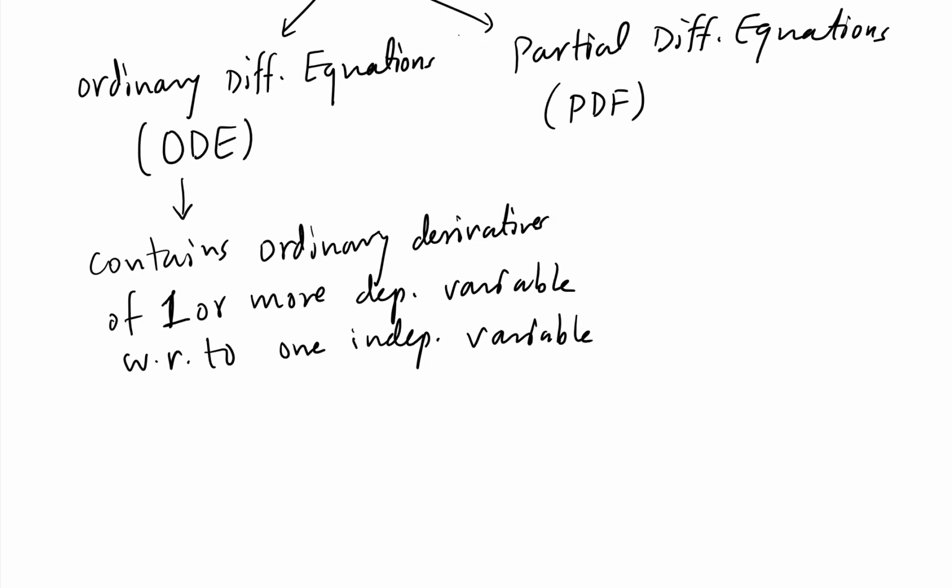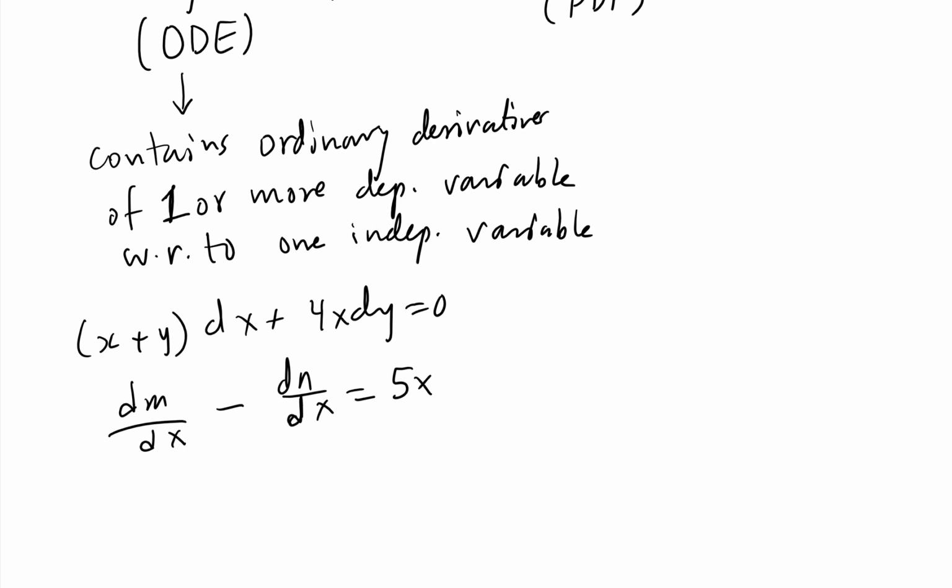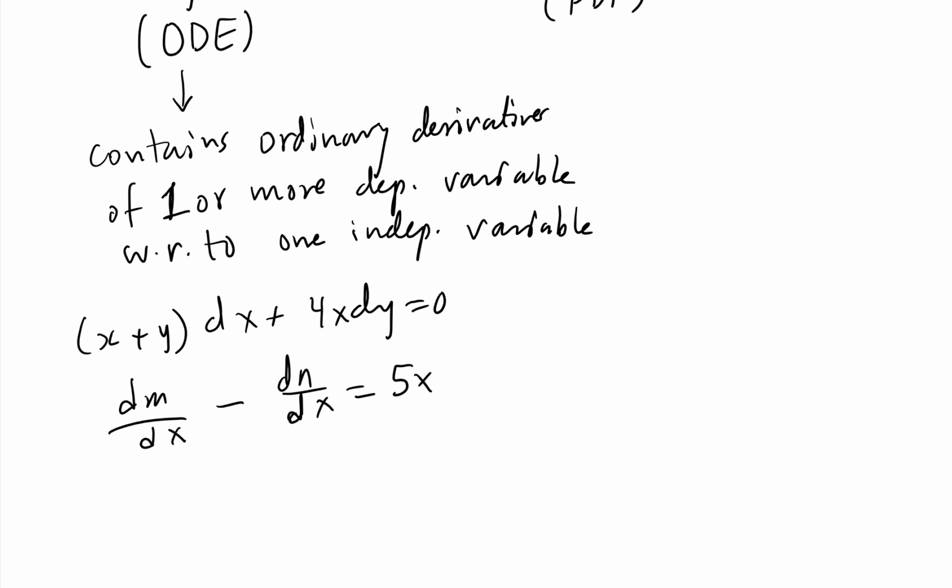Examples of this: (x plus y) dx plus 4x dy equals 0, or dm/dx minus dn/dx is 5x. So these are differential equations. There's only one independent variable, x.